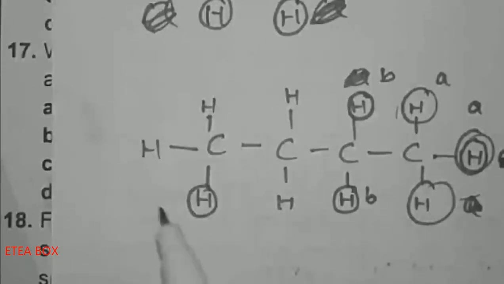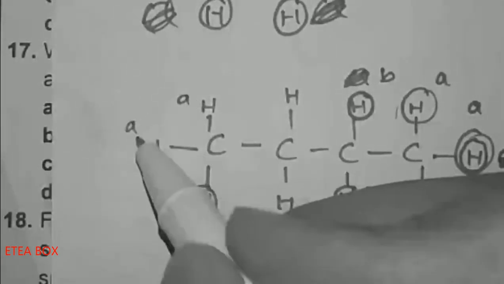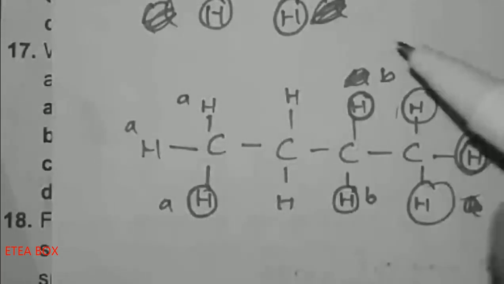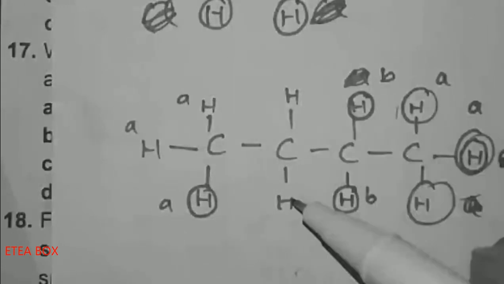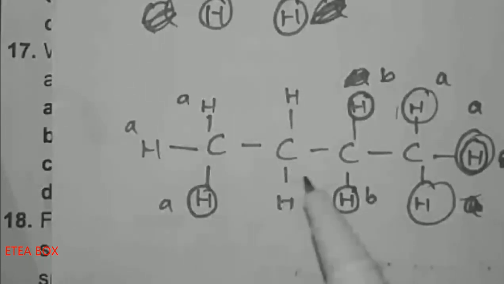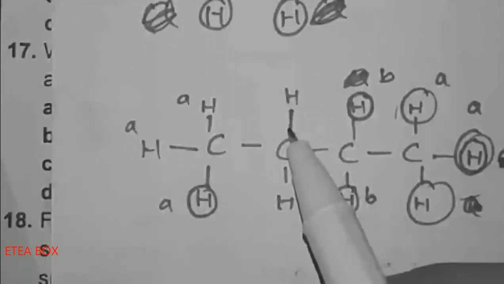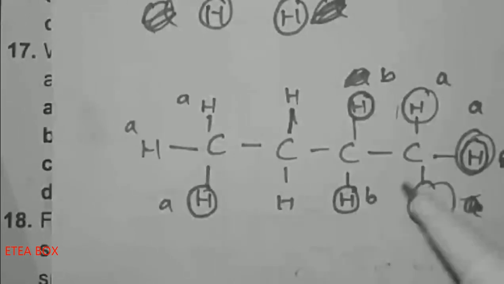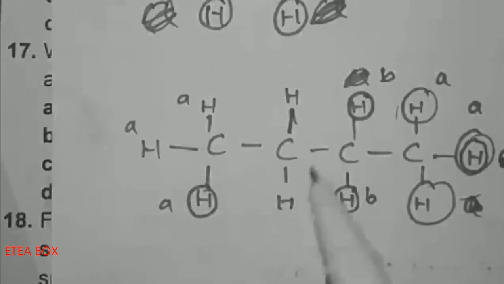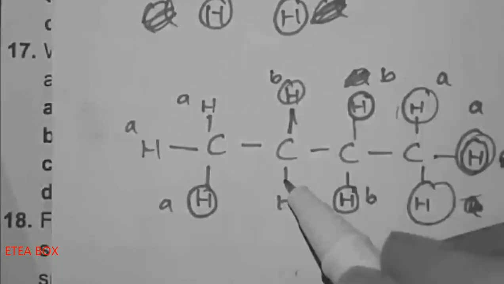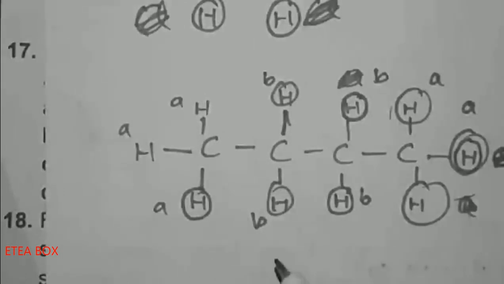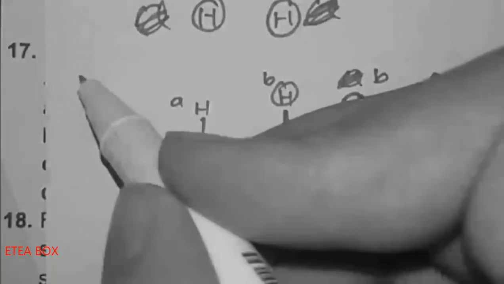These three hydrogens and these three hydrogens have the same environment, so A and A. Now if I replace these two hydrogens, you will get 2-chlorobutane. So the environment of these two hydrogens and these two hydrogens is the same. That's why when we replace any of them, they get the same name, so name it B and B. This indicates that this compound will get 2 peaks in the NMR spectrum.